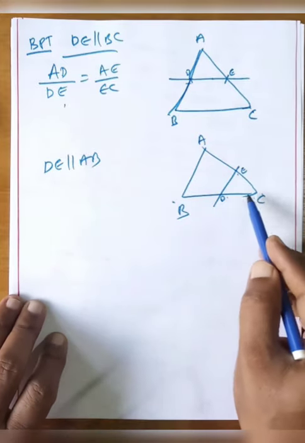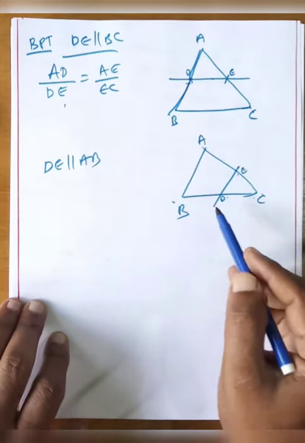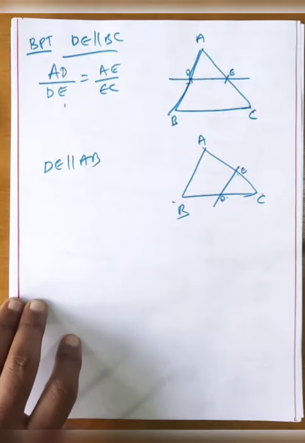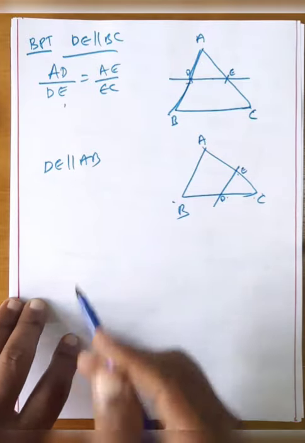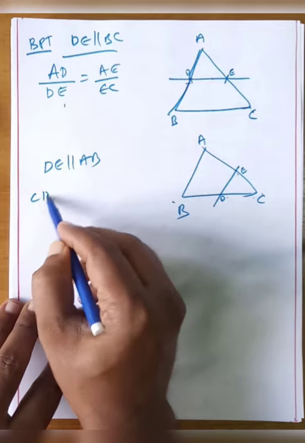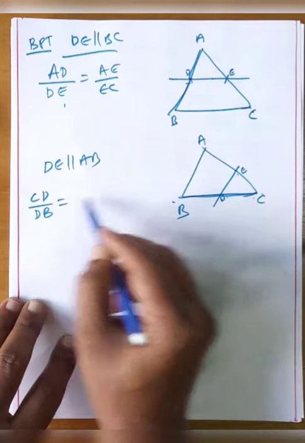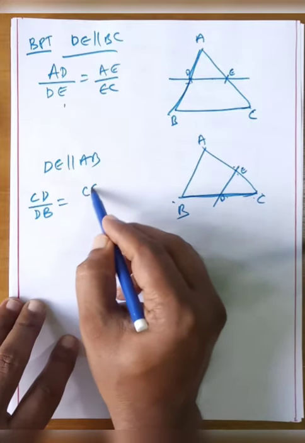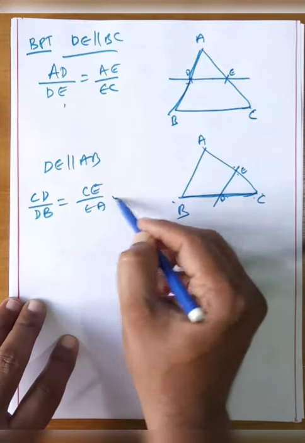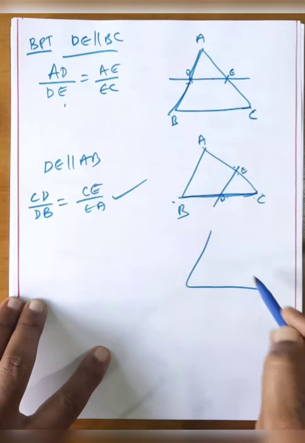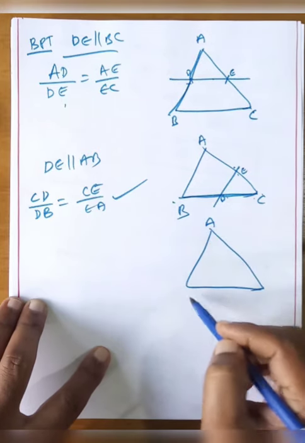You write it this way. These two are parallel, so CD by DB is equal to CE by EA. This is right. Now we take another diagram ABC.